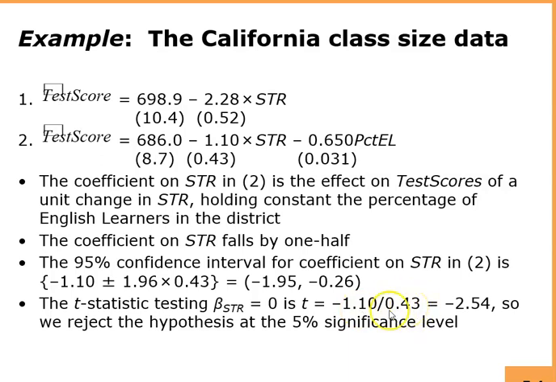So in a sense, what we are saying is that minus 1.10 minus 0, which is our null hypothesis, divided by 0.43 gives us minus 2.54, which is definitely less than the t critical of minus 1.96 for the two-sided 5% significance level. And when that is the case, we can reject the null hypothesis that the coefficient of STR, student-teacher ratio, is equal to 0.